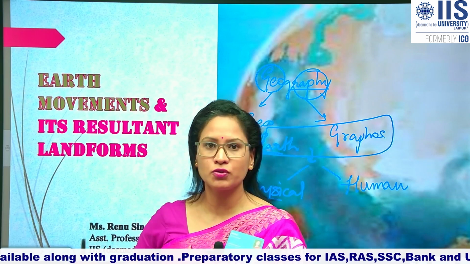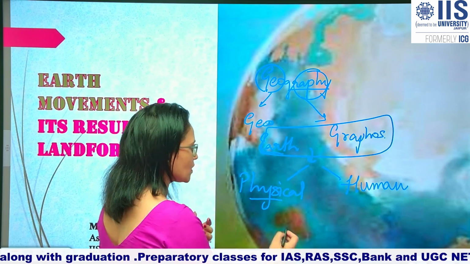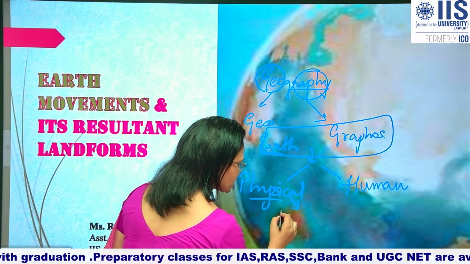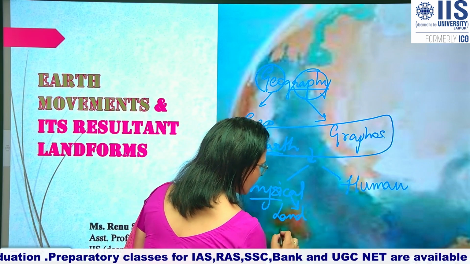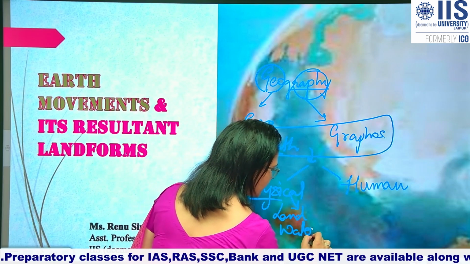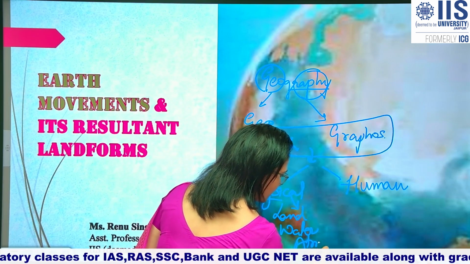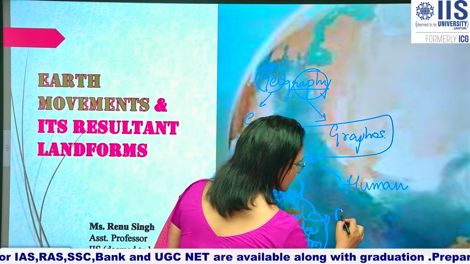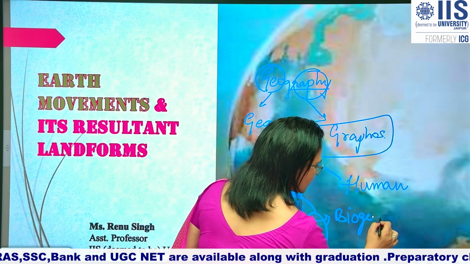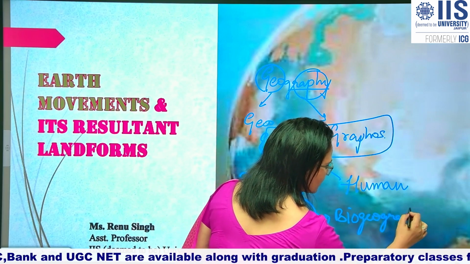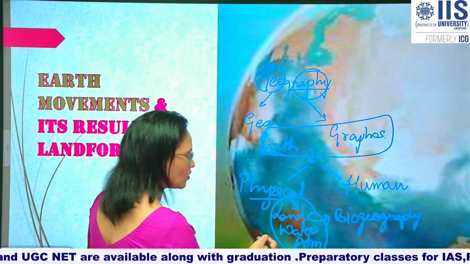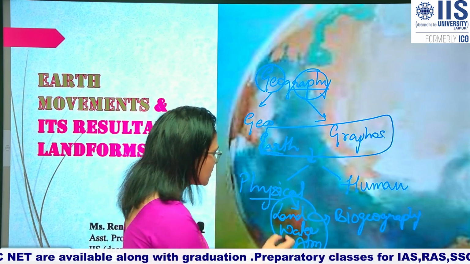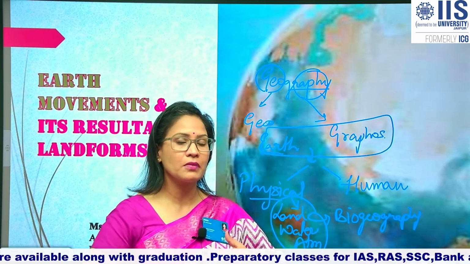So physical geography consists of land area, water bodies and atmosphere, and combined these three make the biosphere.